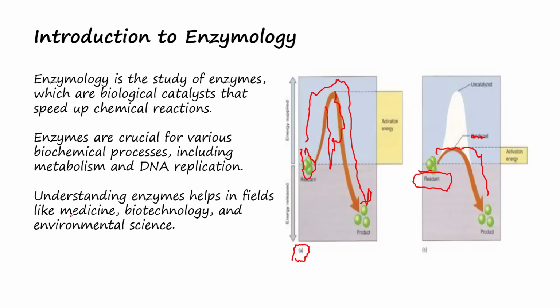And understanding the concept of enzymology is very important in medicine because it helps you in drug design, drug development, and also in disease diagnosis as well as disease treatment. Biotechnology is a technology that tries to produce a product using a living organism or a part of a living organism, like the enzymes themselves, a cell, or a tissue.